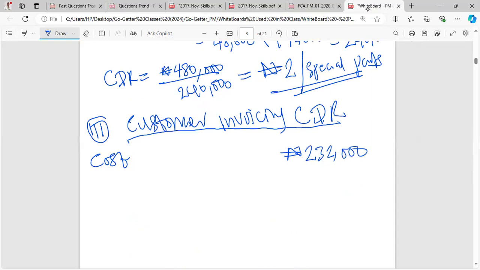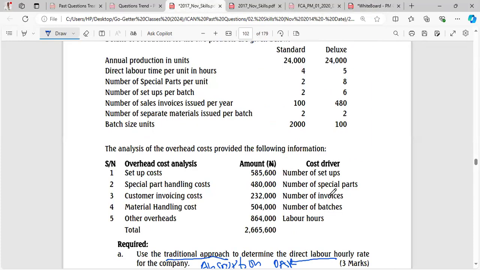And that's the cost. Now, what's the driving force? Number of invoices. So we'll go to invoices. Number of sales invoices issued per year.